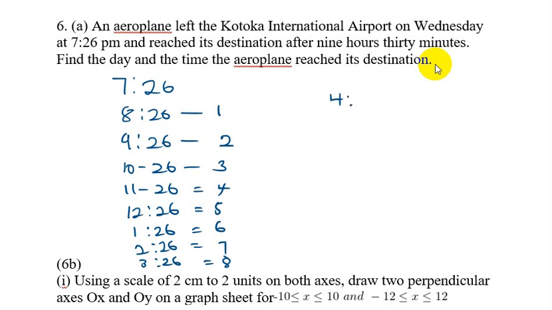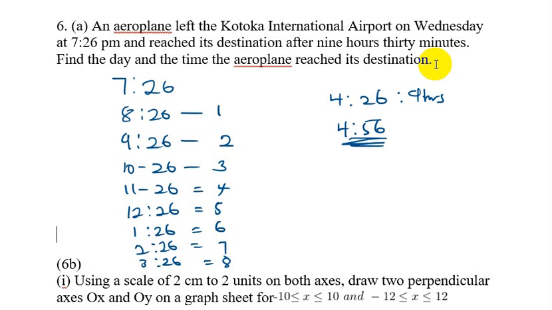And 4:26 will be 9 hours. But the 30 minutes will be added, so it will be 4:56. So the plane reached its destination at 4:56.